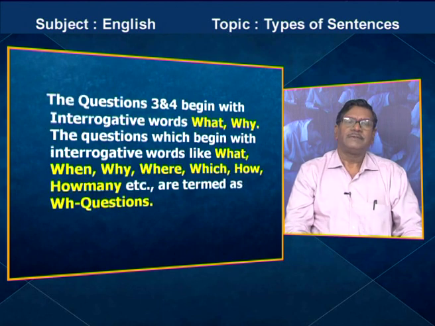And now, look at the third and fourth sentences there. What, why, like that. There may be several other question words like what, when, where, which, how many. So, there are sentences which begin with helping verbs and questions that begin with question words.